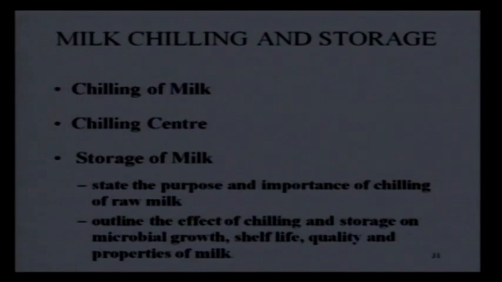Then we come to milk chilling and storage. This also we have structured into important components like chilling of milk, chilling center, and storage of milk, and how it is to be done. After going through the unit, the first thing is you will share with us the importance of chilling milk.